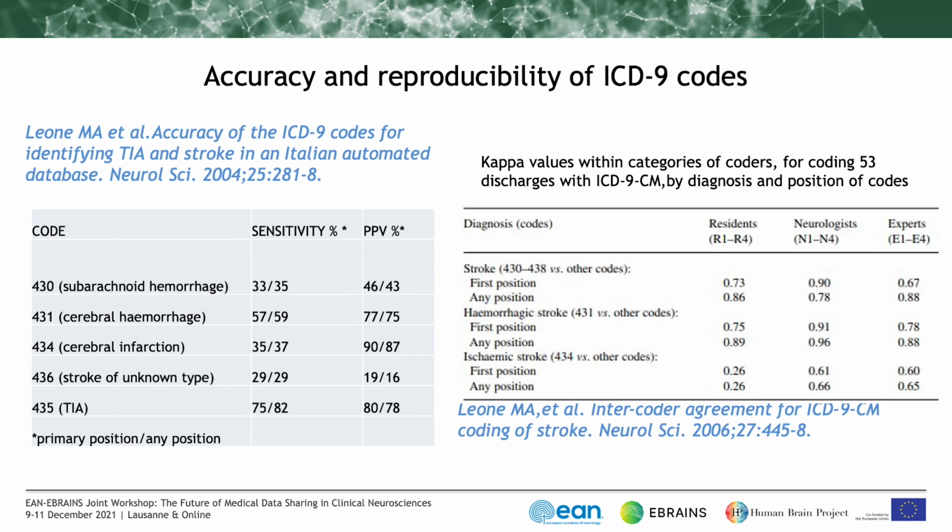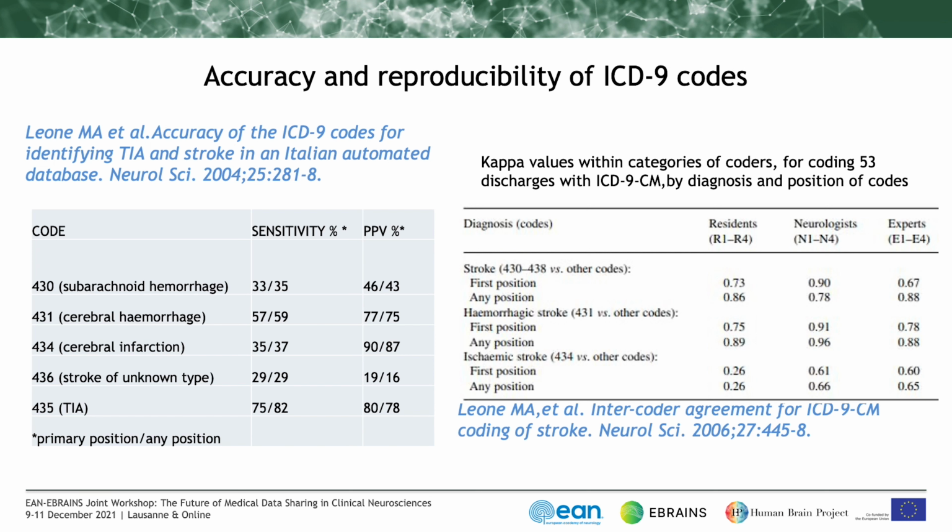The second crucial issue here is reliability or reproducibility, which must be measured as inter-center and also as intra-center variability. In this second study, we gave the clinical charts of 53 patients to 4 residents, 4 neurologists, and 4 experts in coding, and asked them to code.